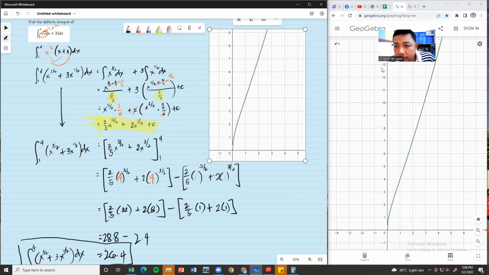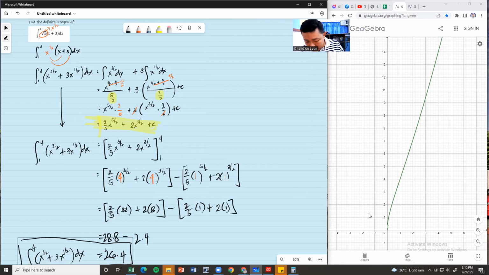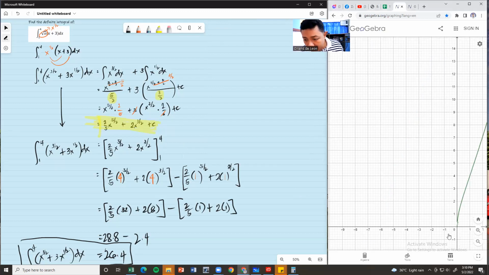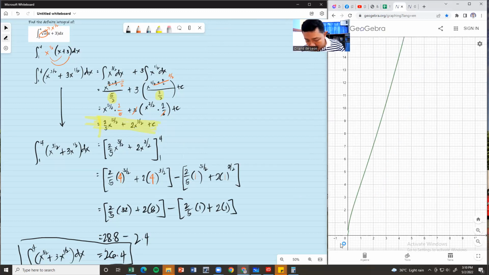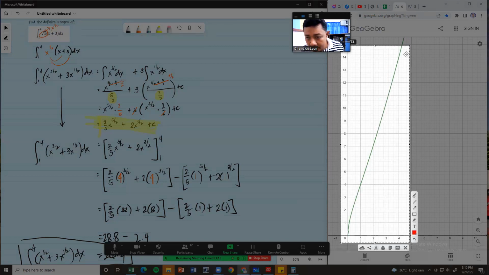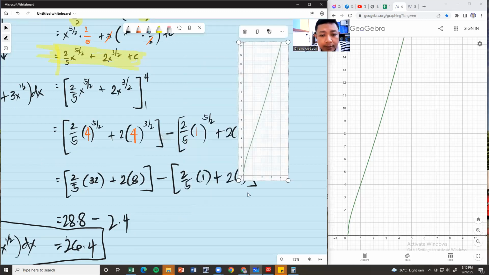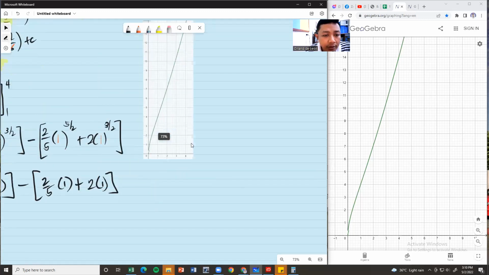Ay, hindi pa nakuha hanggang 4. Sorry. Let's make it bigger. Hanggang 4. Screenshot. Ayun. Dapat kasi covered lahat. Okay. There you go. So this is the curve of our given function.